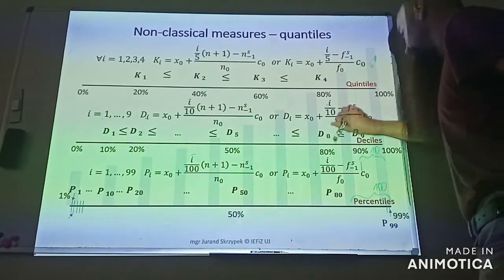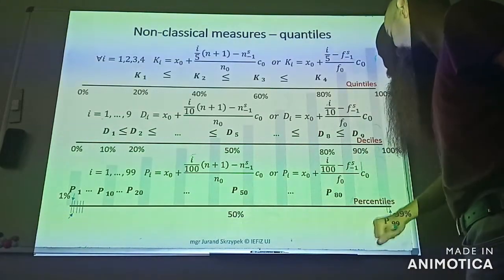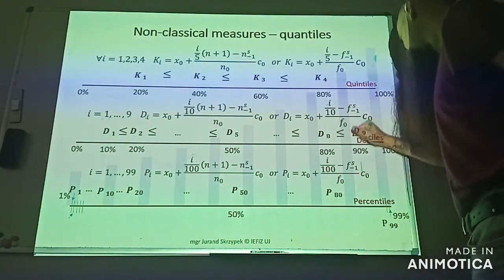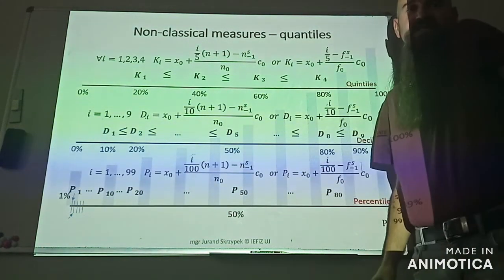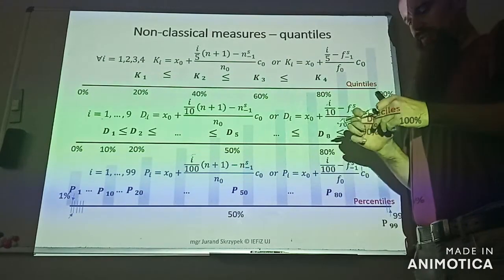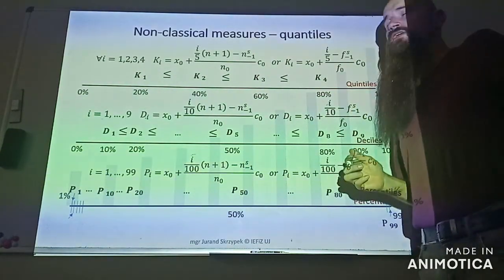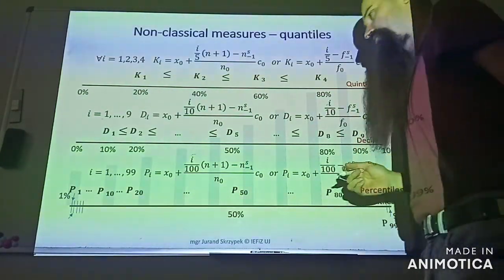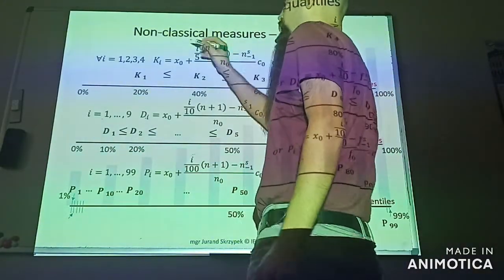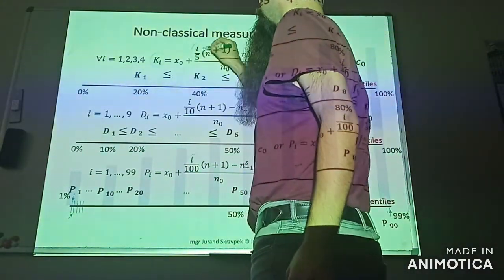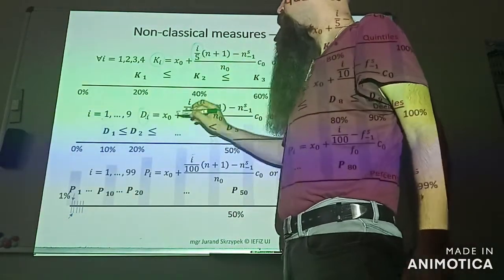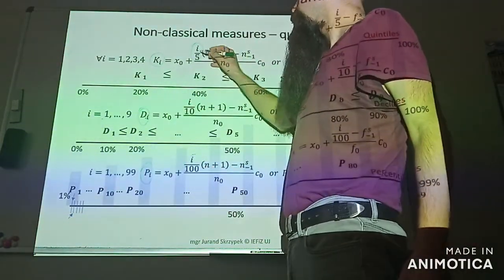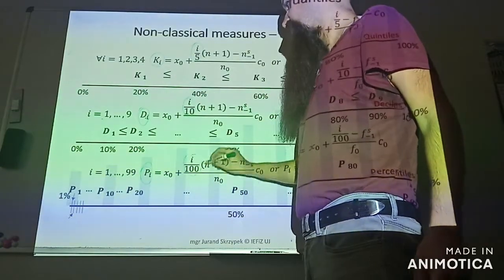Here we have the formulas. They seem to be difficult, but actually in the formulas only two parts change: the symbol of the measure and the fraction here.